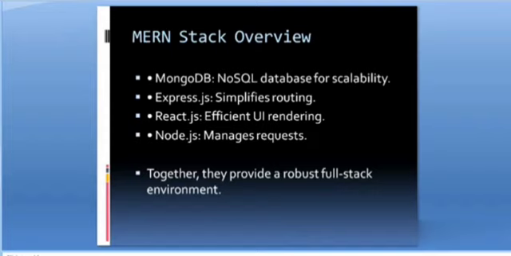And coming to the N, it stands for Node.js, a server environment that runs the backend and handles all the operations. The special thing about the MERN stack is that it uses JavaScript for all parts, such as the frontend, backend, and database operations. This makes development faster and more efficient.